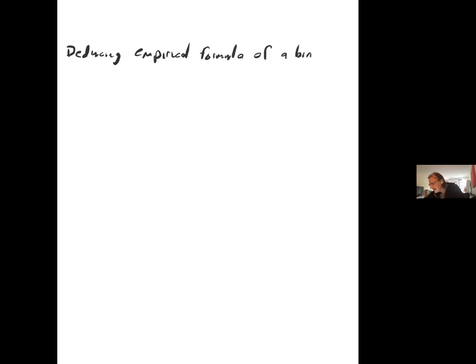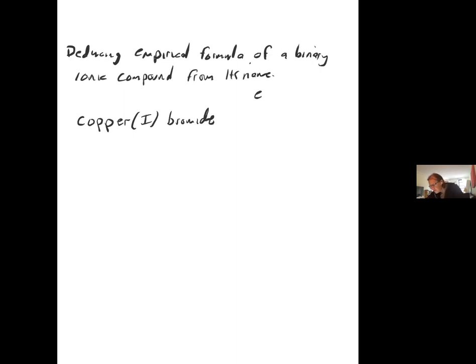We're only going to deal with binary compounds, a binary ionic compound from its name. Okay, kind of cool. So let me come back over here. So what they do is they say, okay, we're going to give you the name. It's called copper 1 bromide. You have to get the empirical formula.